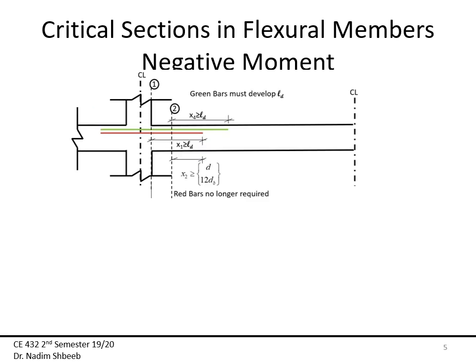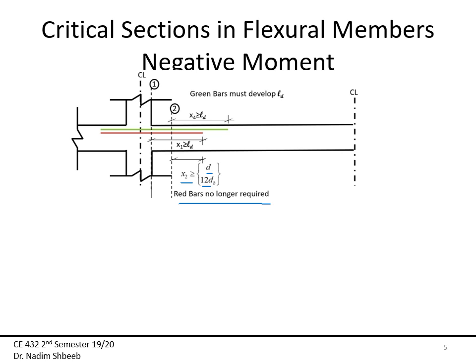At section 2, I no longer require the red bars, and I want to discontinue them. For me to discontinue them at section 2, I have to give them an additional length, distance x2, which is going to be the larger of d or 12 db.